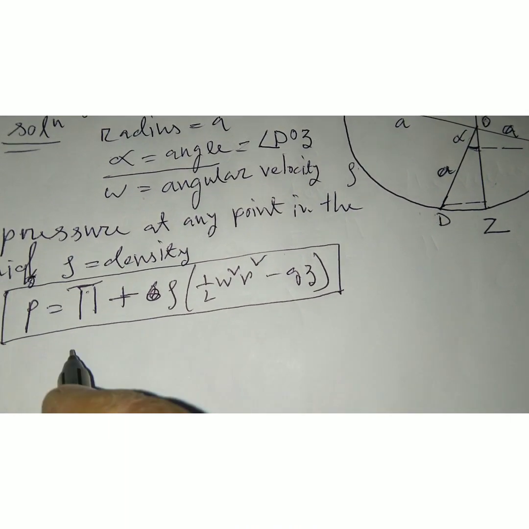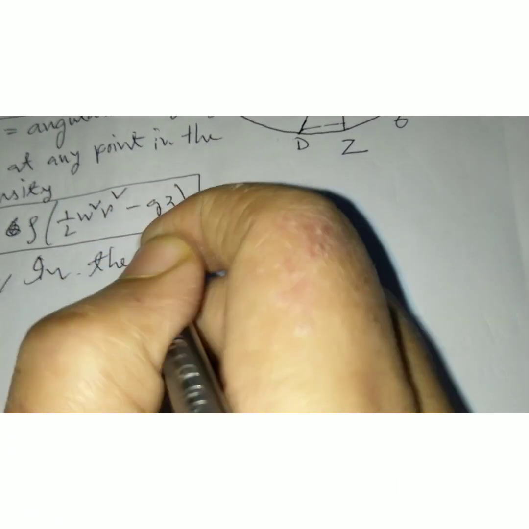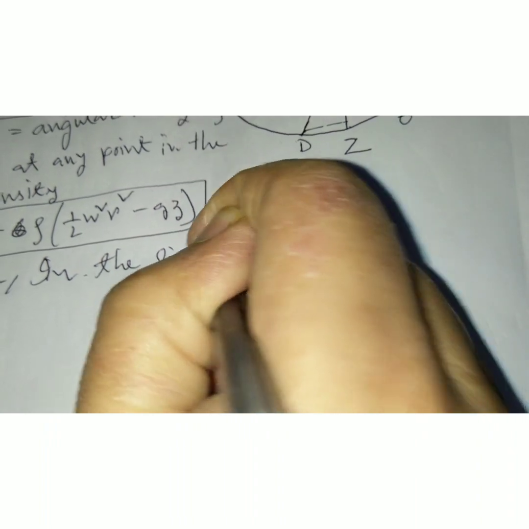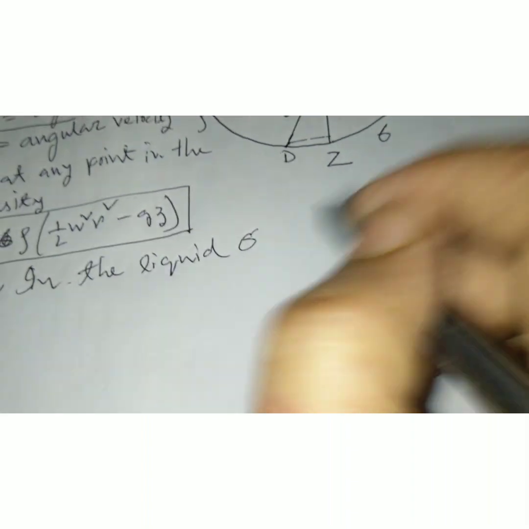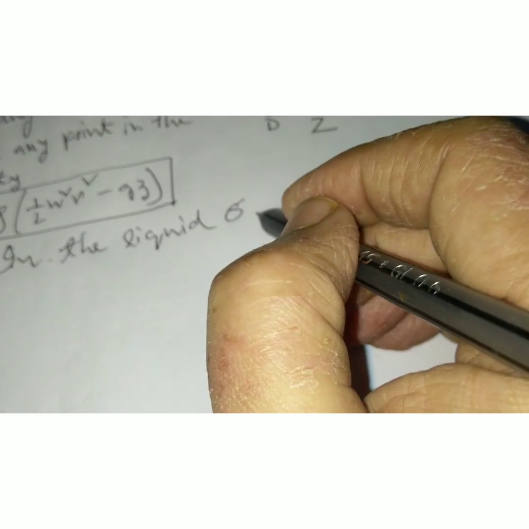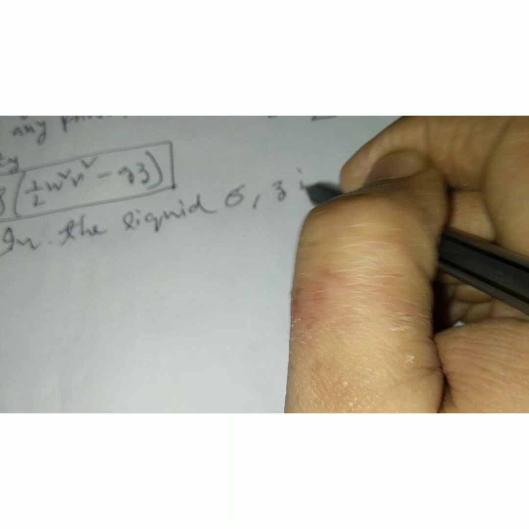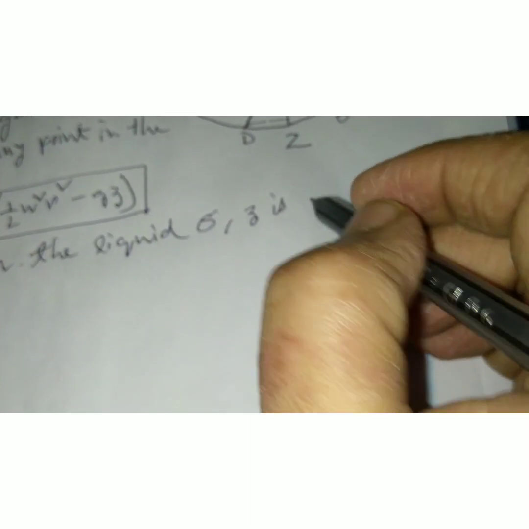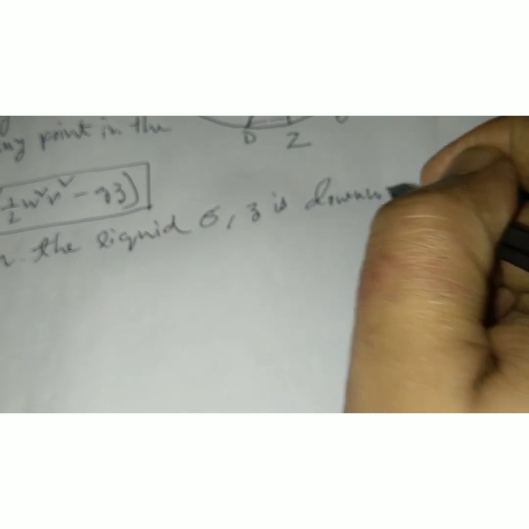So P is equal to rho, in the case of the liquid, sigma, z is downwards.